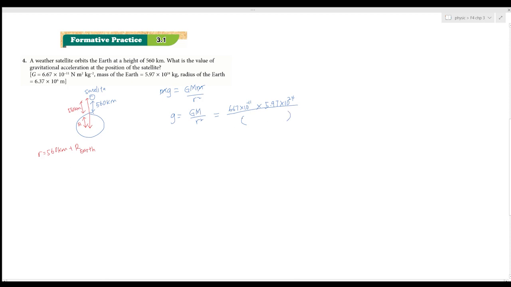The distance is 550 km, change to meter, plus the radius of the Earth, squared. So now we can use the calculator to find out the value. Okay, this is 8.292. The unit for gravitational acceleration is meter per second squared. So this is our answer.